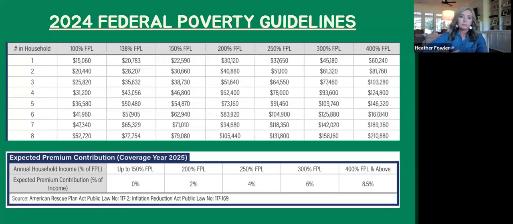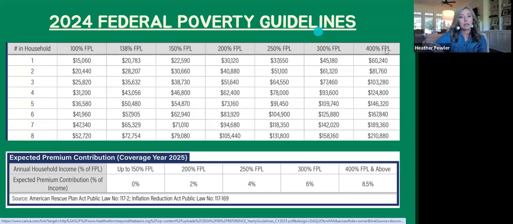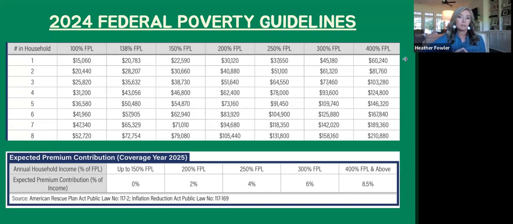Okay, so we've all seen this chart and we know how important it is. If you don't have it saved, here's a link to it. And I know it says 2024, but for marketplace purposes, plan year 2025 plans are based off of the 2024 federal poverty guidelines. So I know the 2025 guidelines are out, but those will be applicable to plan year 2026.